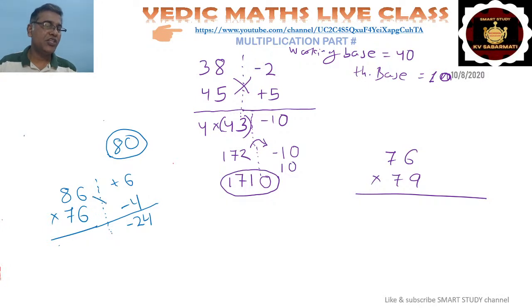So for me this side is easier, 86 minus 4, that will be 82, and here, since I have taken the working base to be 80, I'll multiply 8. I am considering theoretical base to be 10. It is 8 times more, so I will multiply 8. So 8 sixes are 48, 6 carry 1, 8 eights are 64, plus 1, 65. So here I am writing 656, and here it is minus 24.